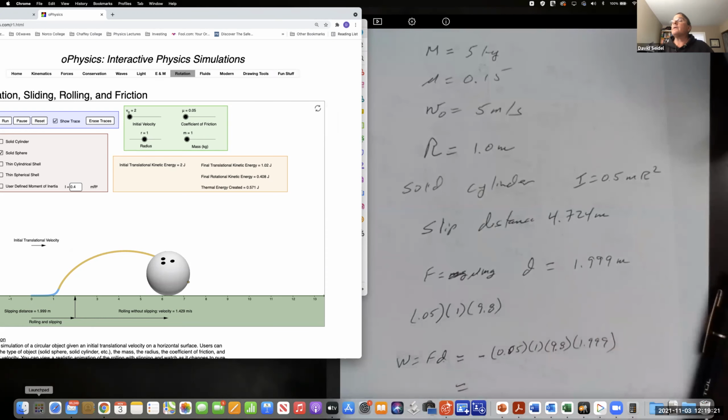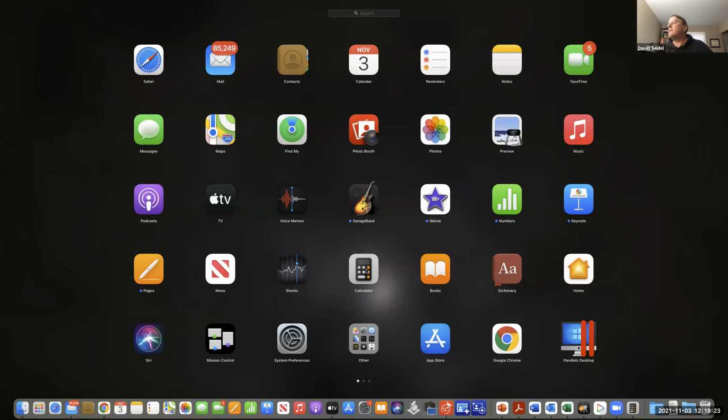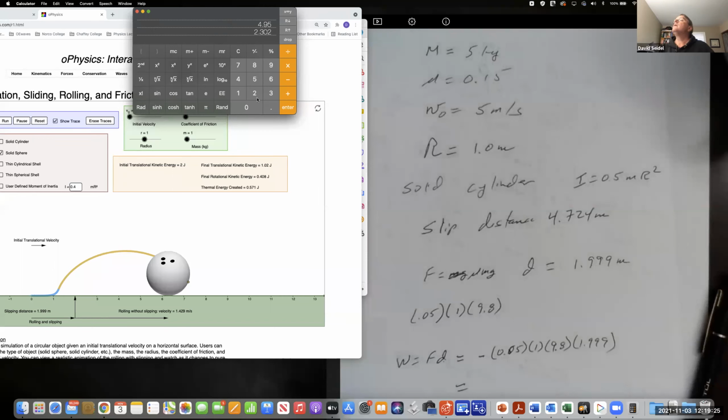Grab our calculator: 0.05 times 1 times 9.8 times 1.999, and we get 0.9795 using the force times distance calculation.